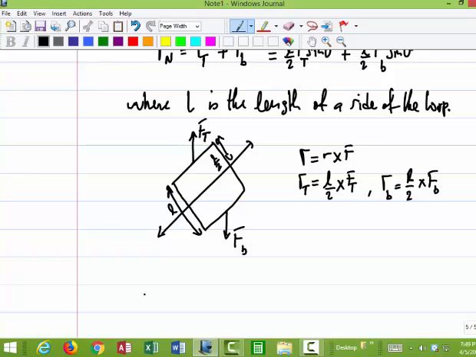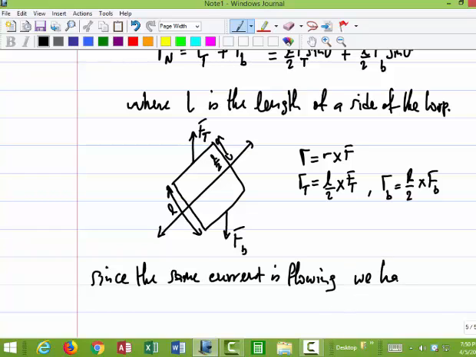So the net torque is just going to be equal to, let me do it this way. Let's assume that the forces are equal. Okay, so assuming the forces are equal, since the same current is flowing, we have F equals I L B again.